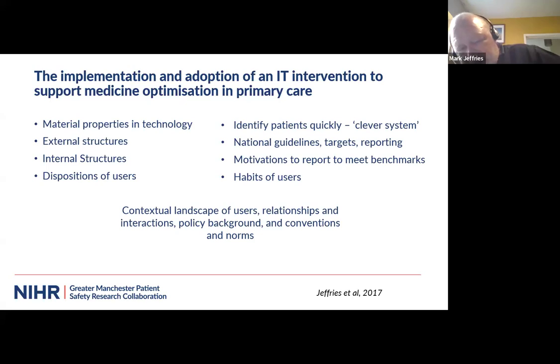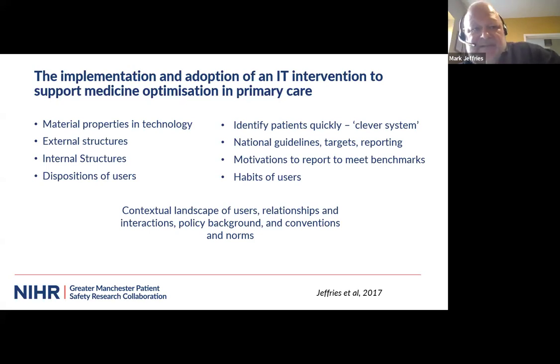One of the things I was thinking about earlier this morning was that within structuration theory, one of the important things is to get those multiple perspectives, but get them in multiple ways. So to do focus groups, to do interviews, to perhaps do some observation work, and perhaps also look at the policy backgrounds. And I think that's something which is really useful for any of this research going forward.